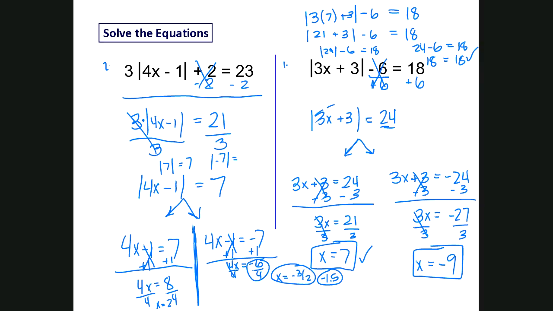Okay, the absolute value of -7 is also 7. So inside my parentheses, 4x minus 1 could equal 7, or it could equal -7, and I'd still get my answer of 7. Okay, so that's why I make two equations. I set 4x minus 1 equal to a +7, and I set 4x minus 1 equal to a -7, because when I take the absolute value of either of those, I get +7.